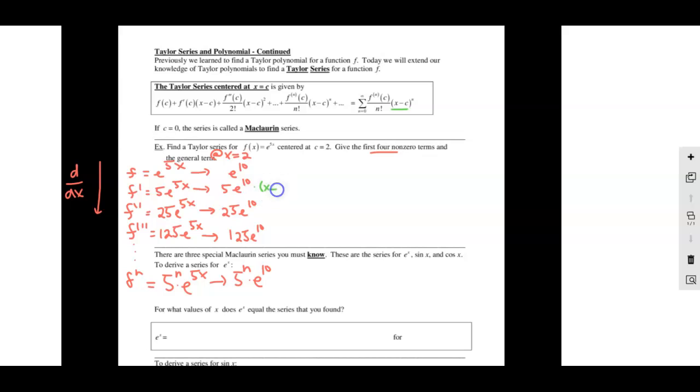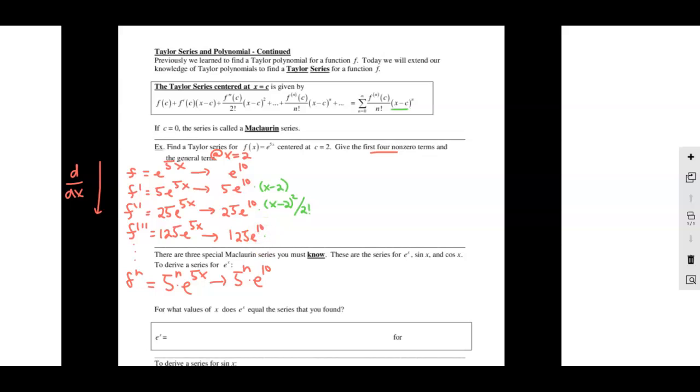Here we go, x minus 2 to the first over 1 factorial. Remember, you don't have to write 1 factorial because it's 1, and you don't have to write to the first power. So we're just going to tack on the x minus 2. You don't really have to put to the first over 1 factorial, although you can if it makes you feel all warm and fuzzy. The next one, we're going to need the x minus 2 squared over 2 factorial.